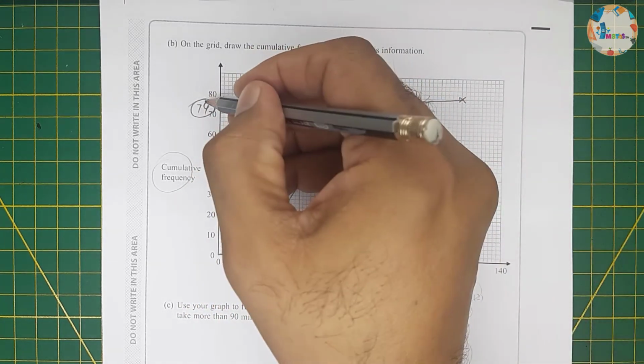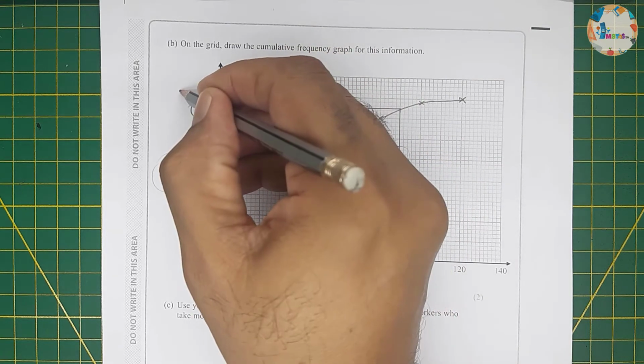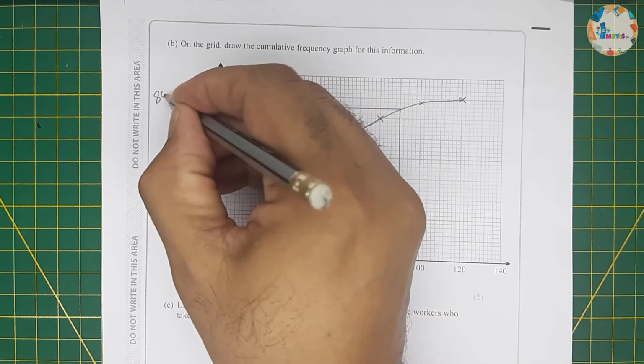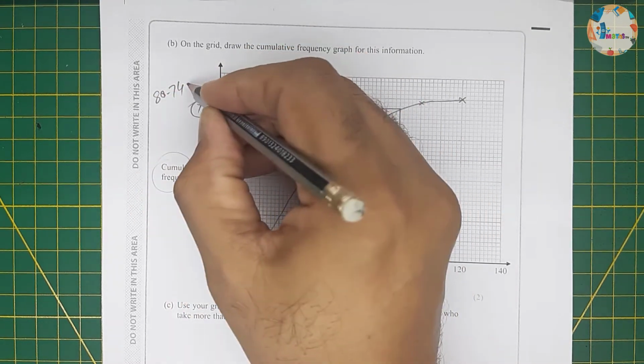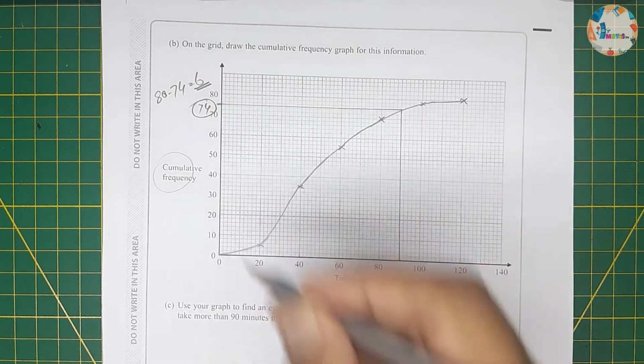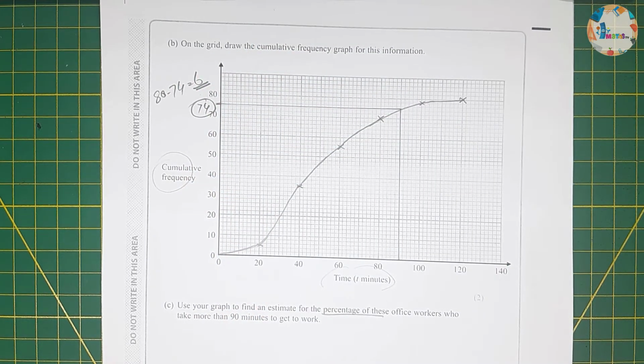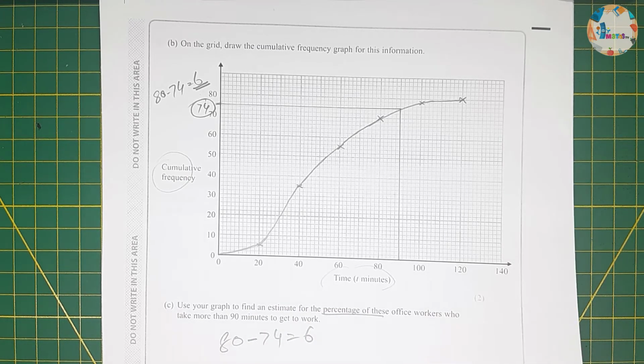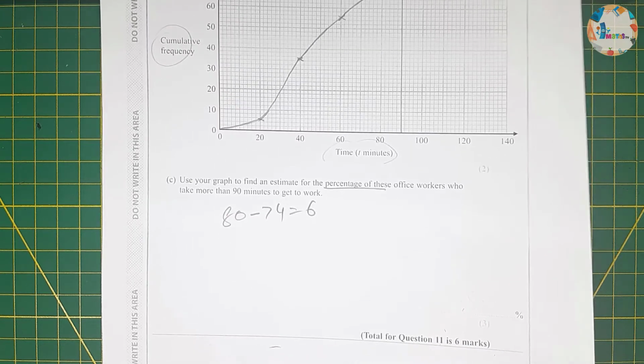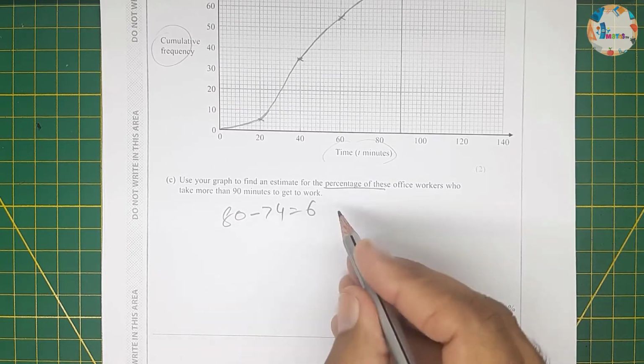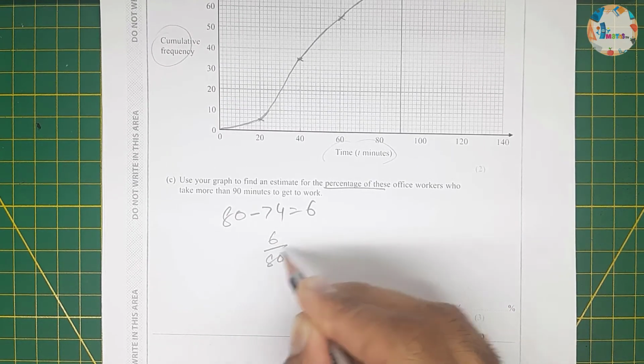It means 80 minus 74 will be 6 people who will be taking more than 90 minutes. So we can write here 80 minus 74 is equal to 6, and 6 is out of 80 basically, so 6 out of 80 into 100.